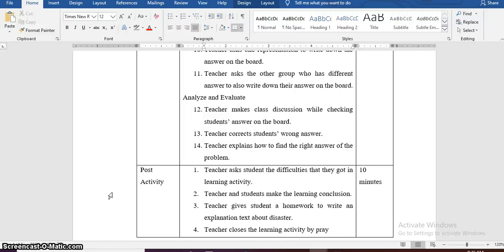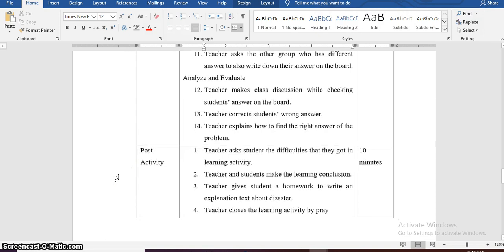After that, the teacher and students make the learning conclusion. The teacher gives students homework related to explanation text, which is to write an explanation text about disaster. After that, the teacher closes the learning activity with a prayer.